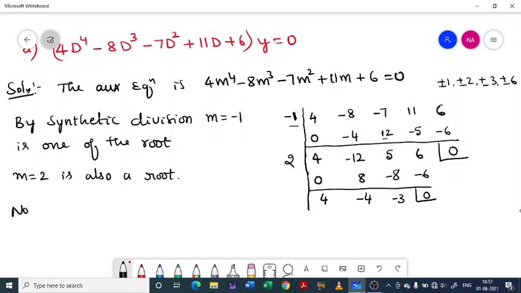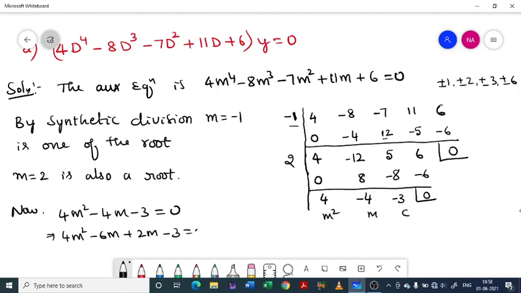Now see, this is the constant, the coefficient of m, the coefficient of m square. 4m square minus 4m minus 3 equal to 0. So this can be factorized as follows: you have to choose numbers so that the product is minus 12 and their sum is minus 4. So it will be 4m square minus 6m plus 2m minus 3 equal to 0.